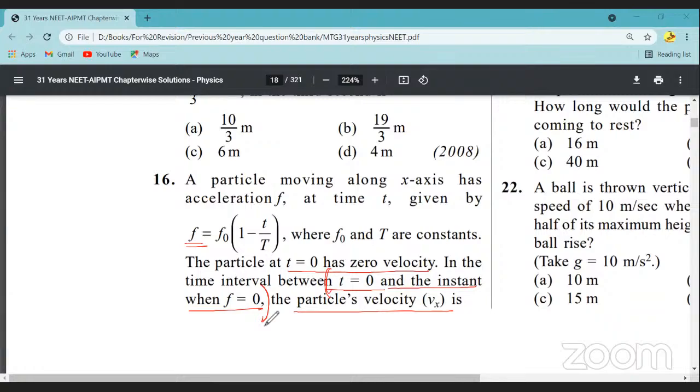Not giving an interval means it's just asking instantaneous velocity. So from the question it seems like he's asking average velocity. Did you solve to find average velocity, or did you find instantaneous velocity? What did you find? So, average velocity.